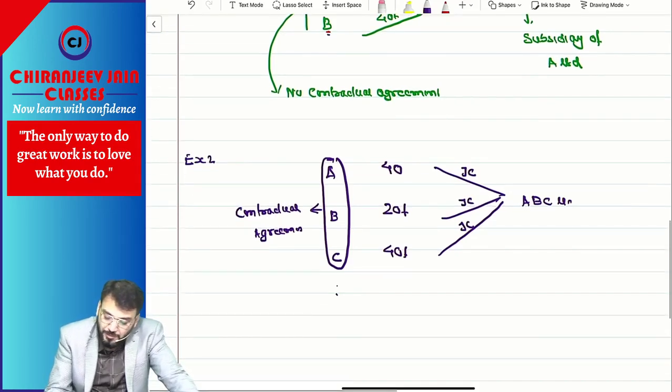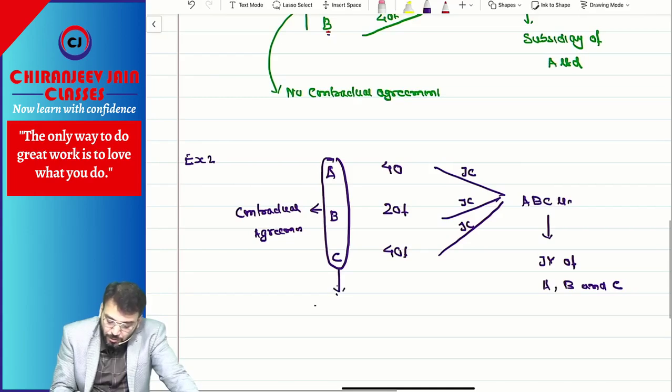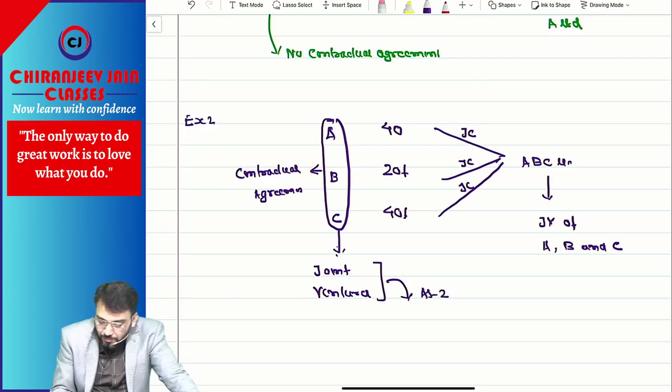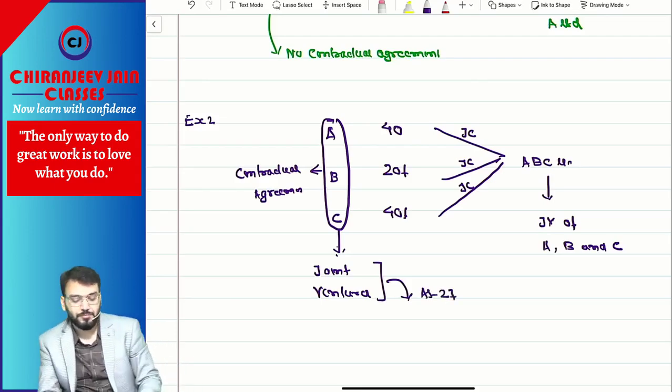So this ABC Limited becomes a joint venture of A, B and C, who are known as joint venturers. So in the books of the joint venturer, what will be applicable now? AS27 will be applicable.